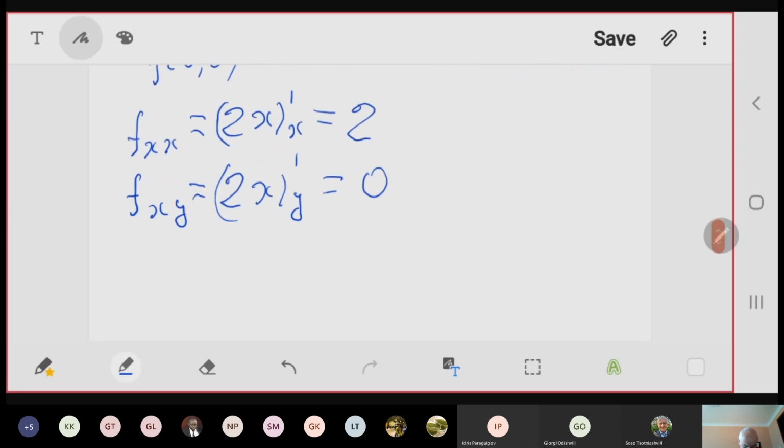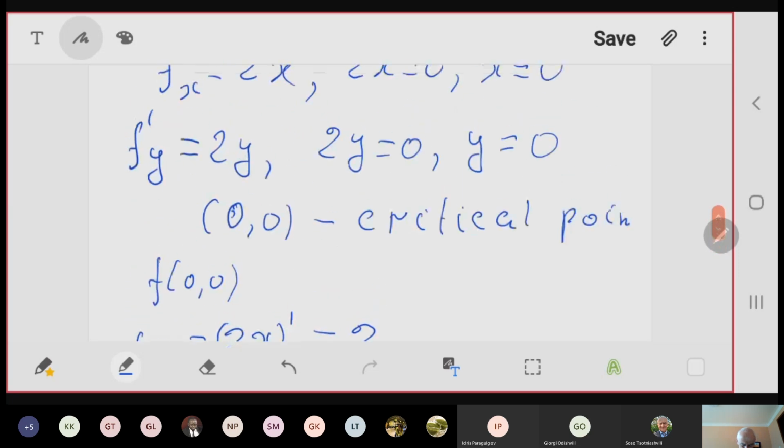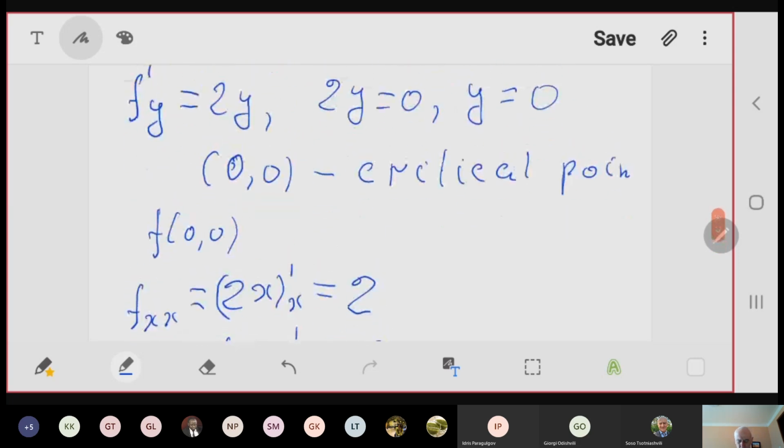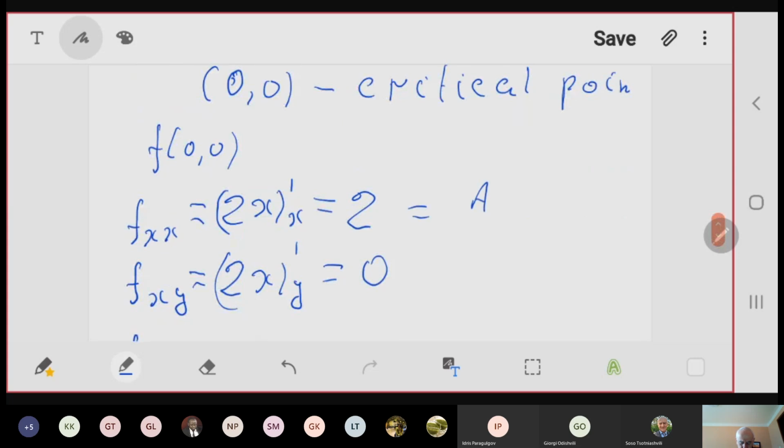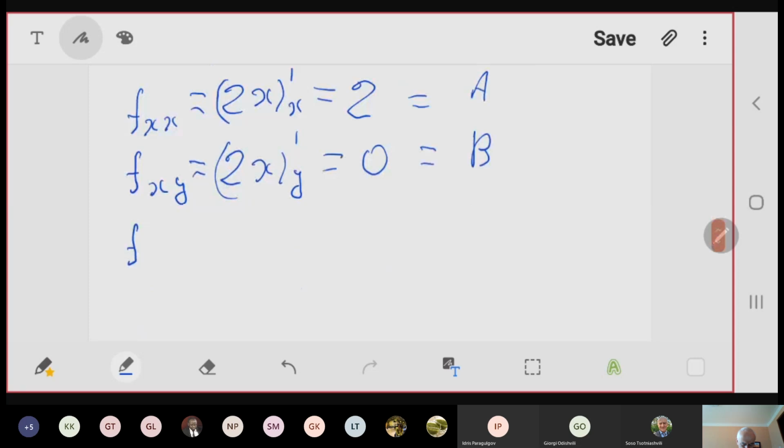Okay, and the last. So how did we denote it? This is A, this is B, and now I will find C. So f(y)(y) is 2y, derivative by y, and it's 2 again.